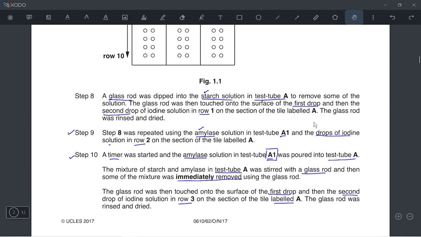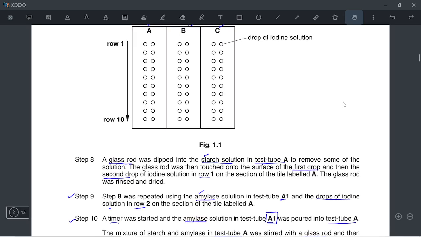So now you can see this is row 1, this is row 2, this is row 3.